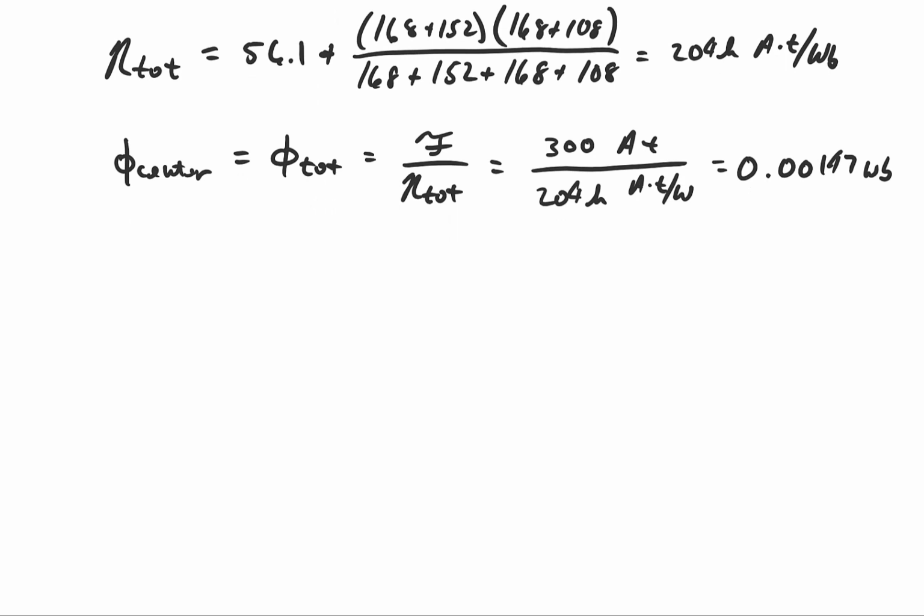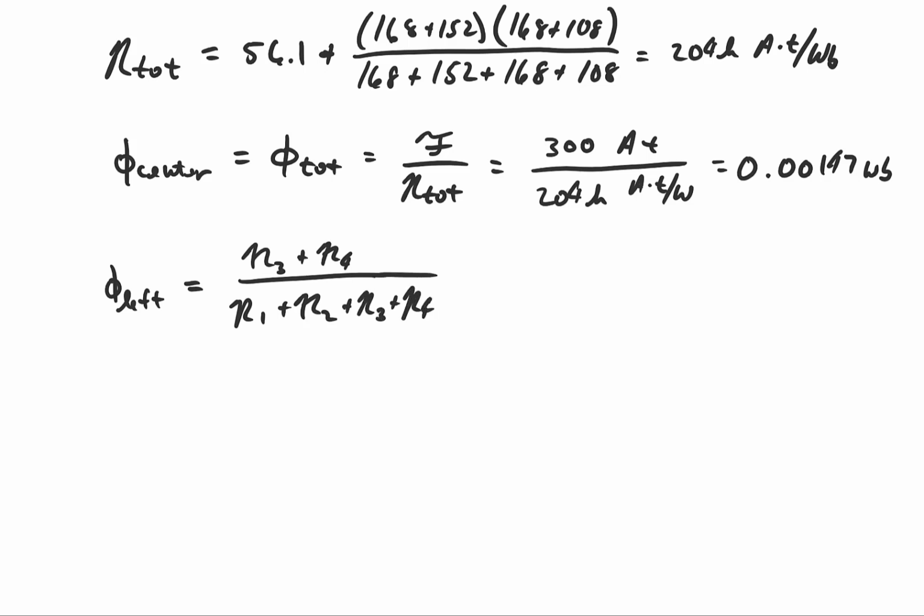The fluxes in the left and right legs can be found using basically the idea of a current divider. So we're going to use the current divider rule, but with the reluctances. So the flux in the left leg would be equal to R3 plus R4 divided by the sum, R1 plus R2 plus R3 plus R4, times the total flux.